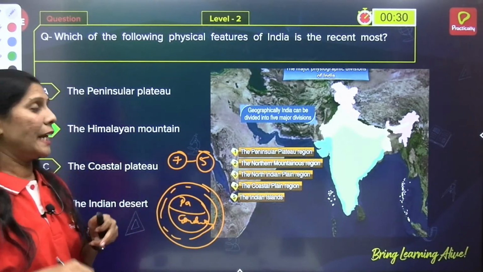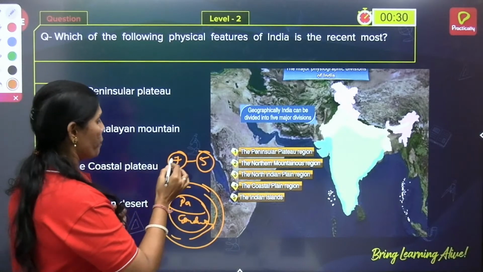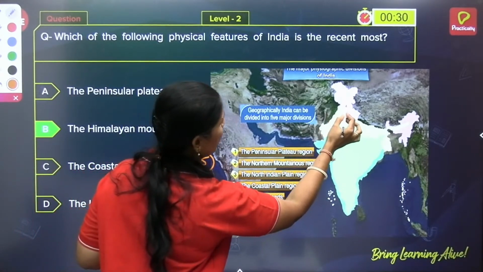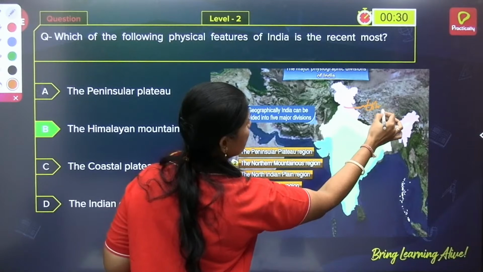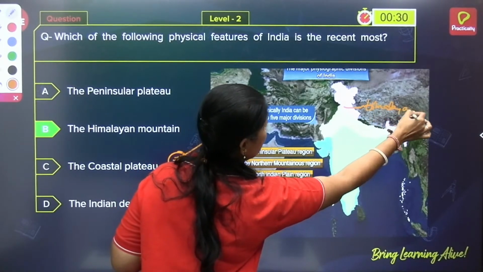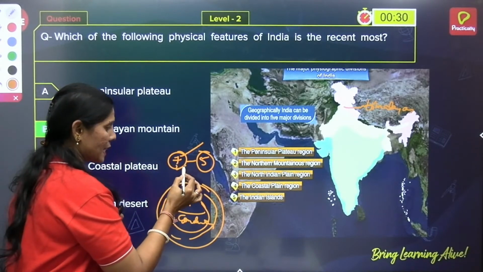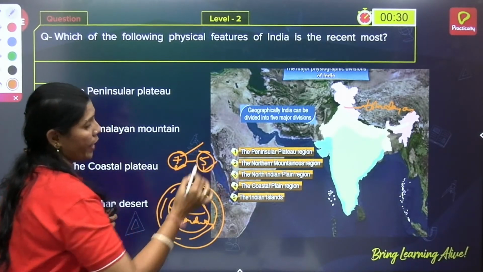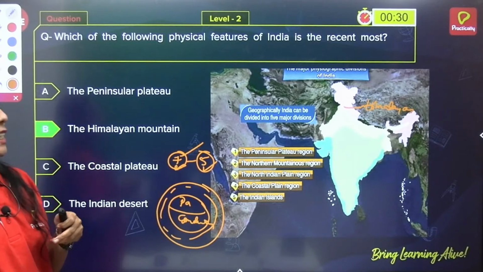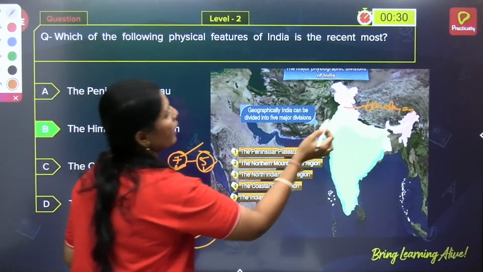In this process, the Himalayas were formed. The Himalayas were formed in the process of these 7 continents and 5 oceans being formed.